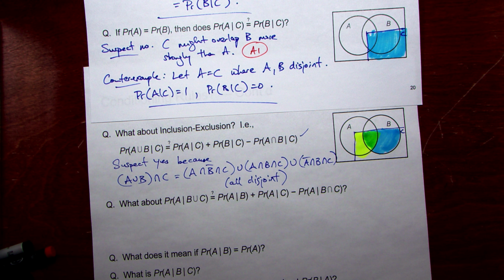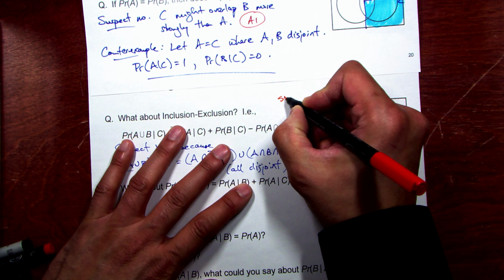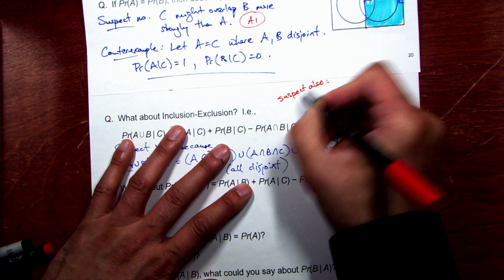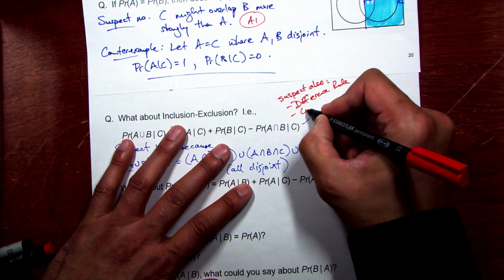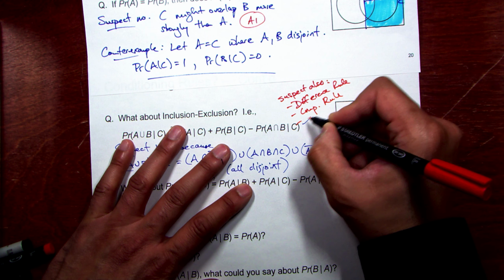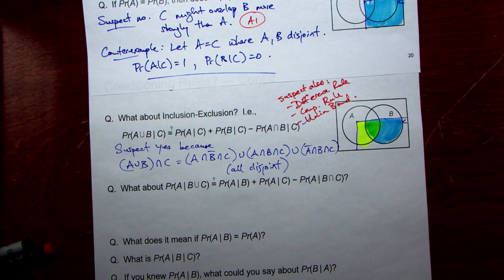In fact, any rules that we developed that were based on set theory, so inclusion exclusion was based on set theory, monotonicity was based on set theory, complement, difference, and union bound, all of those still work if you condition. So the difference rule, complement rule, and union bound should all hold, as long as you condition on the same thing.